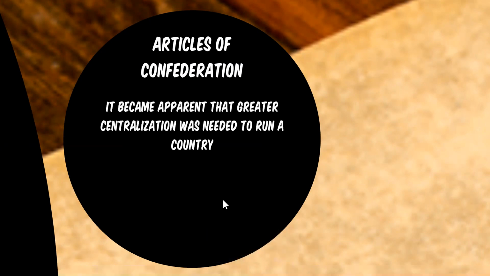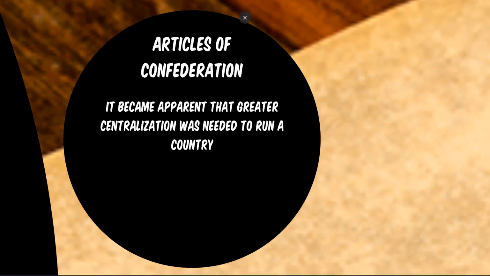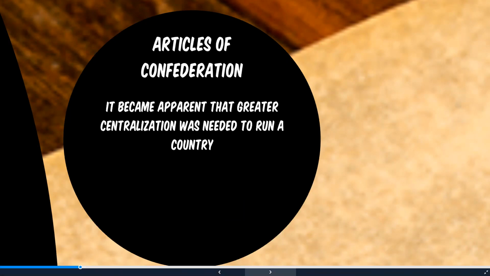When we became our own country, it became apparent that we still needed a centralized government to run us as a country. We had 13 colonies independently, but we also needed a centralized government to help run the colonies as a country. And we didn't like it. We hated centralized government, but we knew it was necessary.